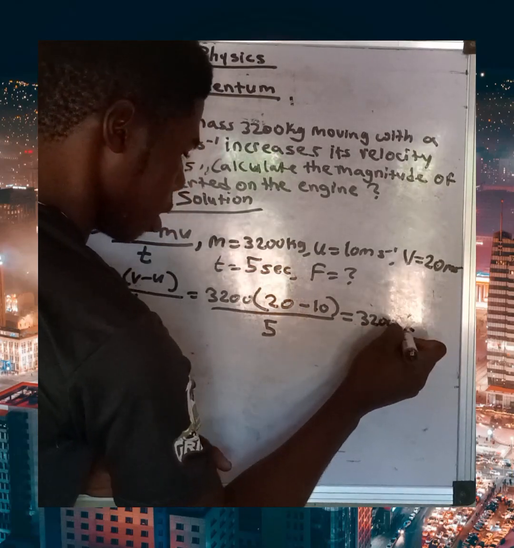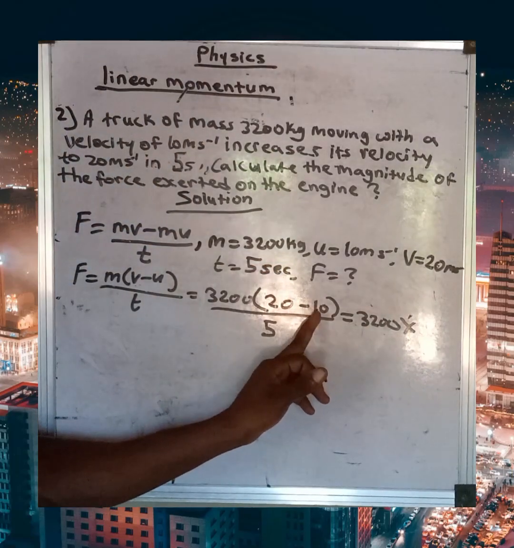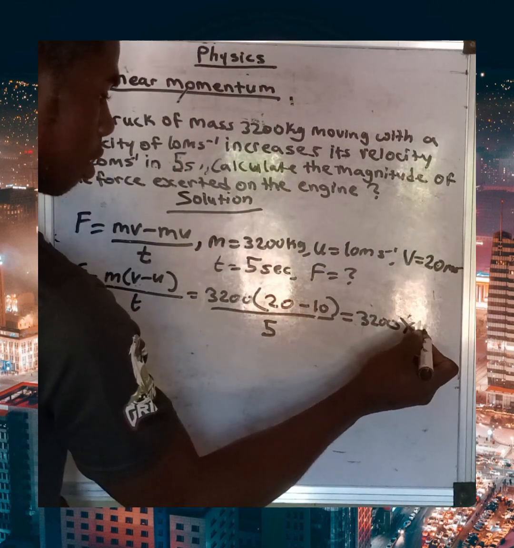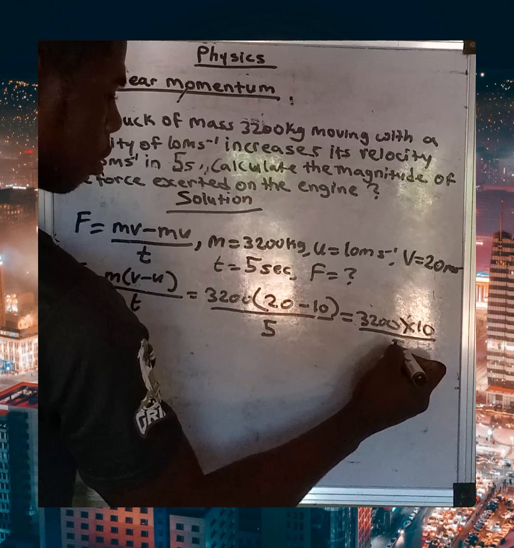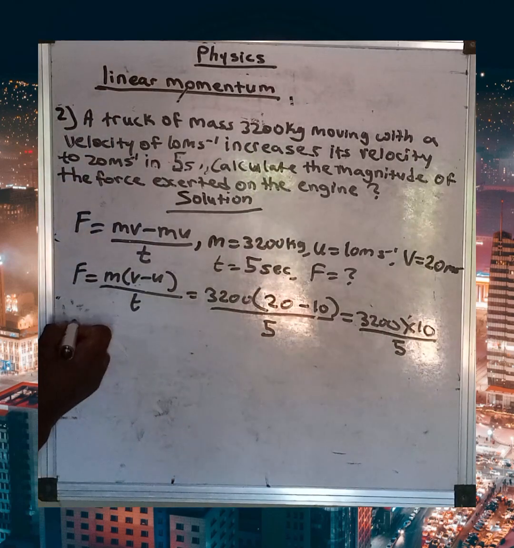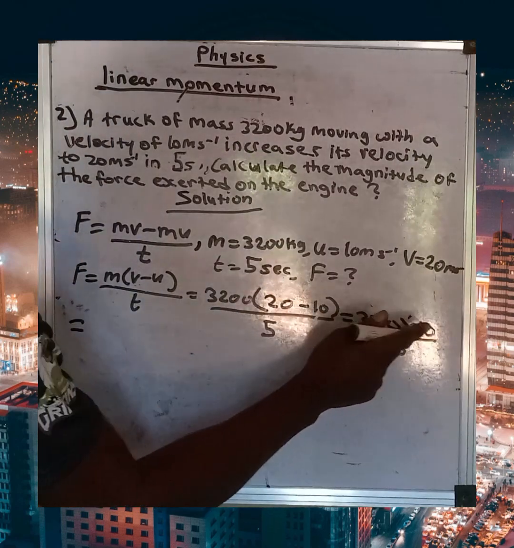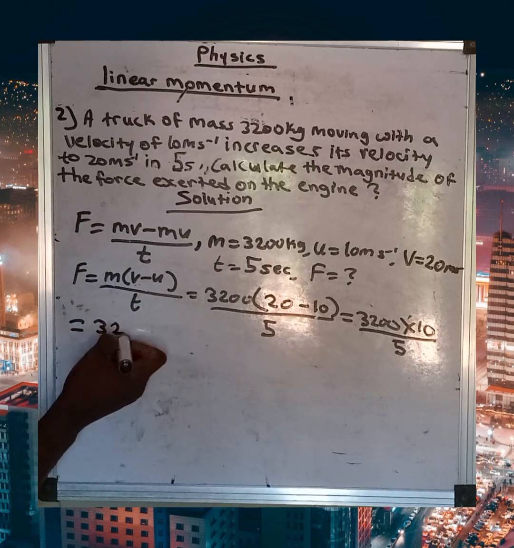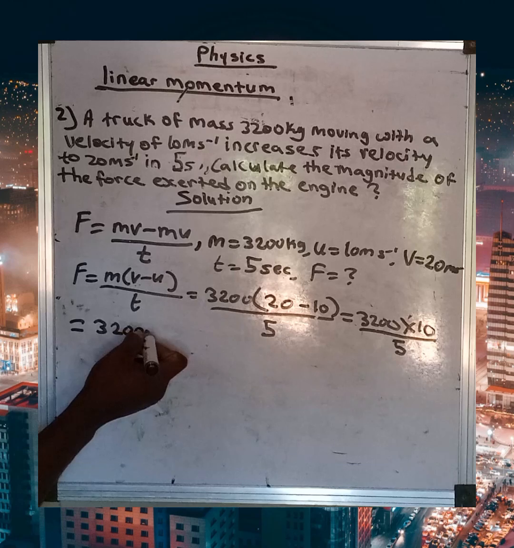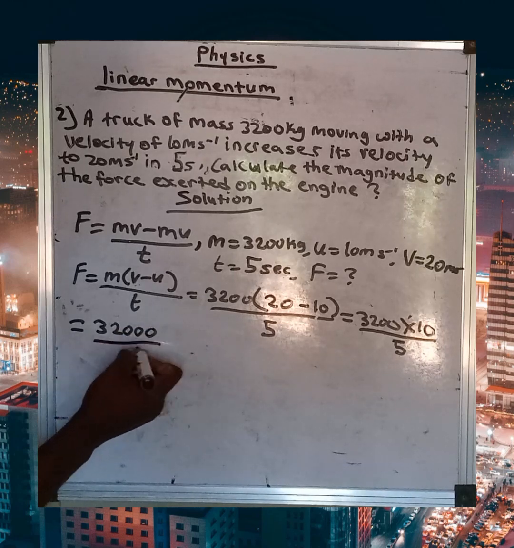So 3,200 times the bracket 20 minus 10 will give us 10. So we have 10 here all over 5. So equals 3,200 times 10. We are going to have 32,000 divided by 5.